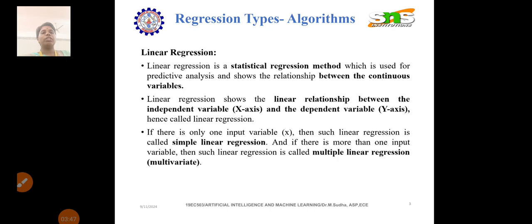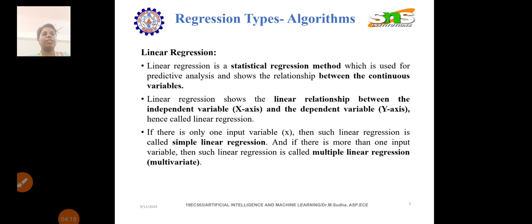Coming to the third point, if there is only one input variable, for example x, then such linear regression is called simple linear regression. In linear regression itself, we have two types. If there is only one input variable, it is called simple linear regression.